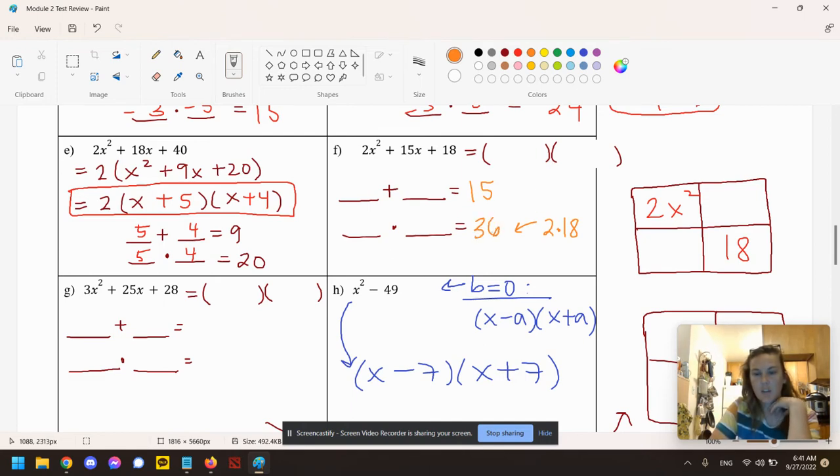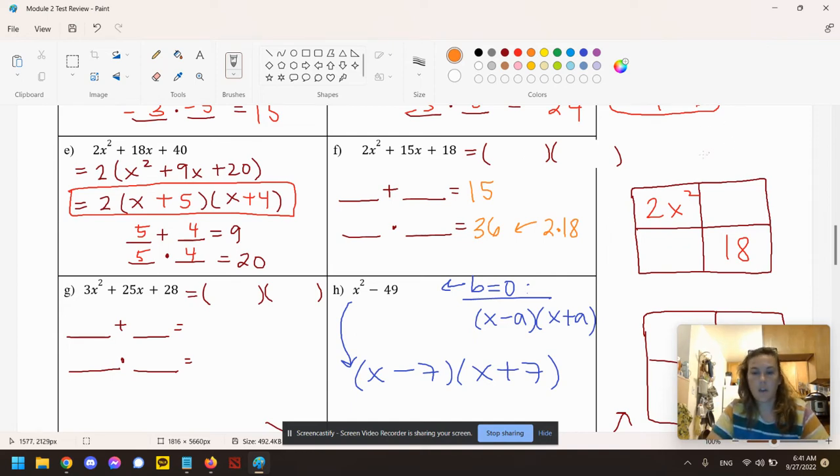Right, so we're going to multiply to 36 and add to 15. Is this true? 18 times 2, it's 36.